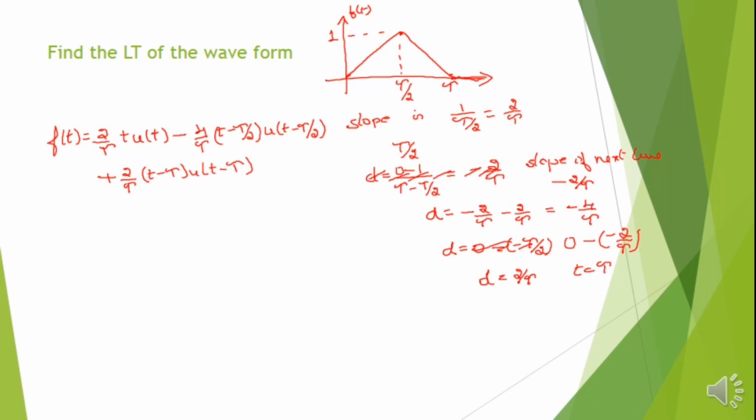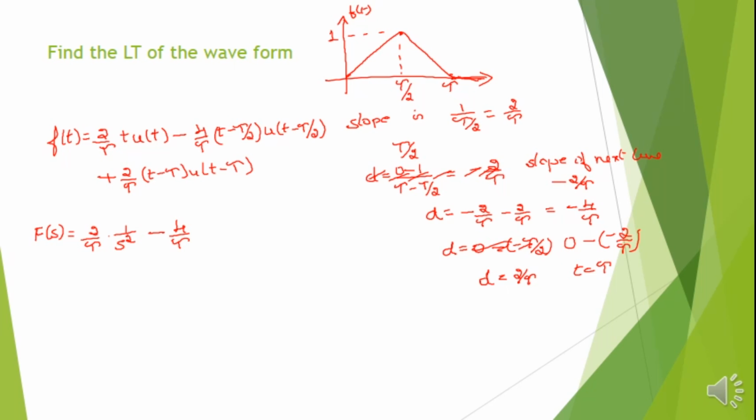So what happens to f of s? Once you get f of t, then it is easy. So it is 2 by tau into 1 by s square, since t u of t is 1 by s square, minus 4 by tau.